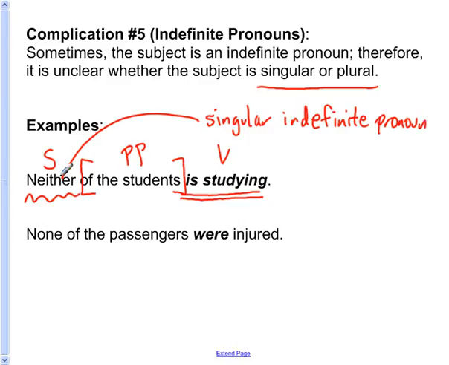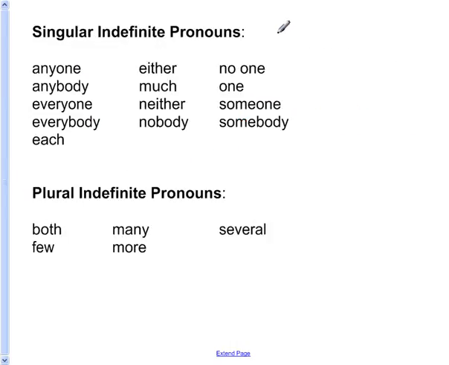And I will provide you in this video with a list of indefinite pronouns and whether they are singular or plural. And here it is. Singular indefinite pronouns. Here's a list of them. Anyone, anybody, everyone, everybody, each, either, much, neither, nobody, no one, somebody, someone.